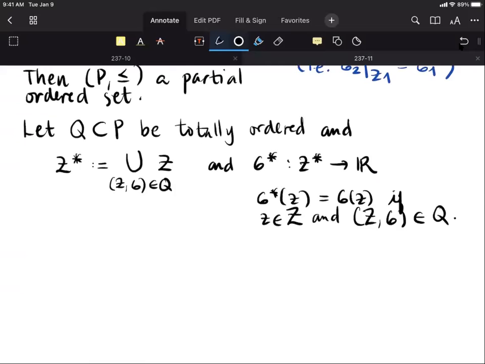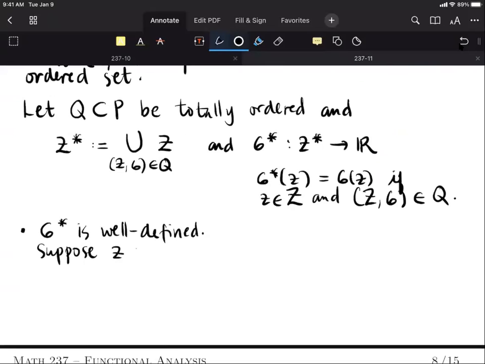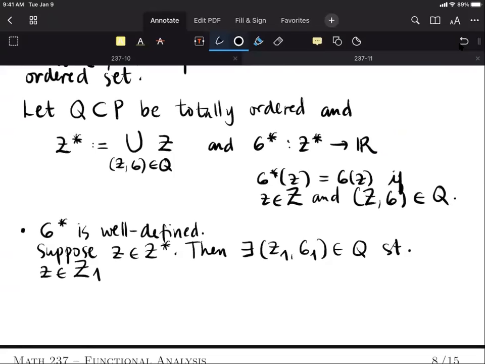Okay, so first let us show that G star is well defined. Indeed, suppose that z is in Z star. Then, according to the definition of Z star, there exists a pair Z1, G1 in Q such that z is an element of the space Z1.